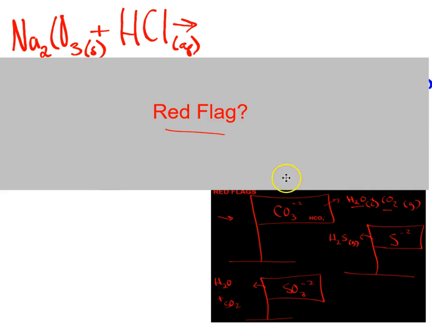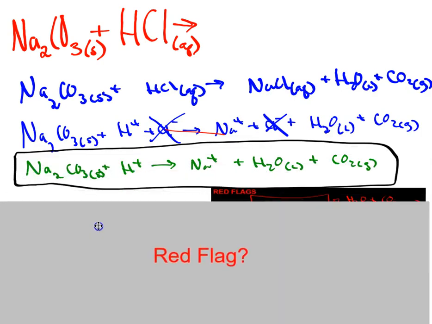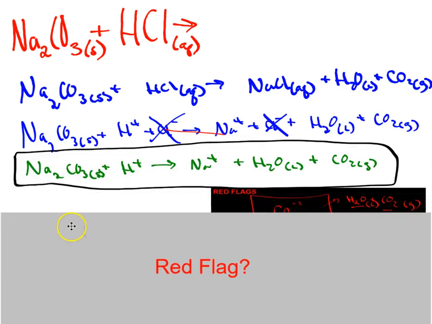All right, so let's go ahead and talk through this one. I already have it all done. So we had the solid, so we had to make sure we represented that. In the complete, we had aqueous NaCl again, and then since it's carbonate, it decomposes to liquid water and carbon dioxide gas. When I wrote the complete ionic, I wrote these in their separated form.